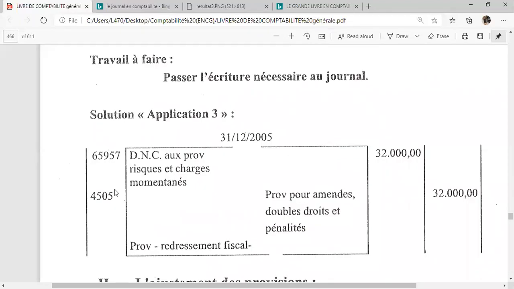We have this first one, which is 65957. This transaction is placed closer to the left-hand side of the box, meaning it is debited, and the credit one is placed starting from the middle of the box going towards the right-hand side. This is what helps distinguish debit from credit as well.